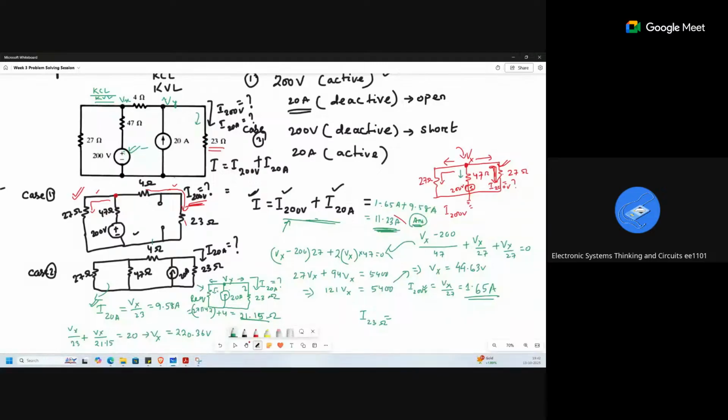Here you have the 20 ampere source. We are just looking at which path the current flows. The source is connected to this resistance and this resistance, and these two resistances are in parallel, so we can consider the equivalent resistance. Whenever you take one resistance and one current source, you can find the current.